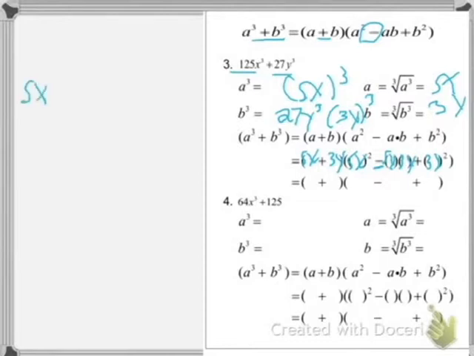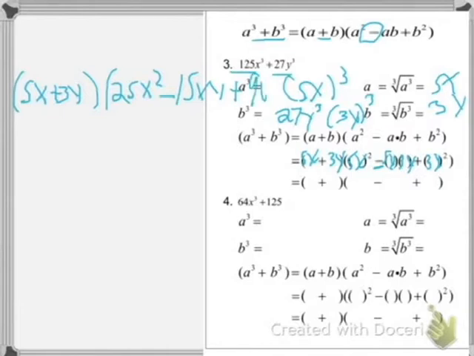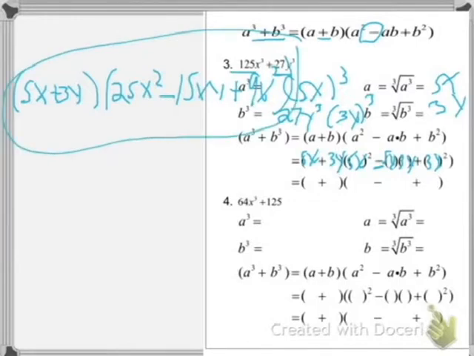So we have 5x plus 3y into 5x squared, which would give us 25x squared minus 5x times 3y, 5 times 3, 15, x and y, 15xy, plus 3y squared, 9y squared. And that's your simplified answer. It's really easy. We'll move on to the next example.